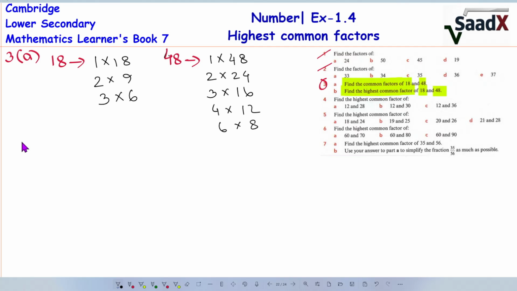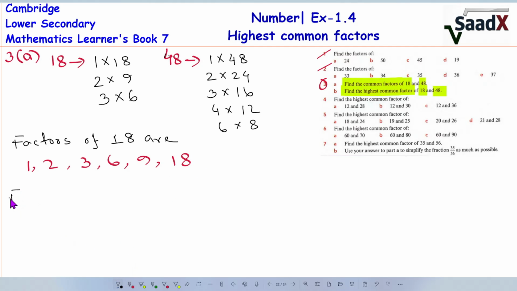So we can write factors of 18 are 1, 2, 3, 6, 9, 18.